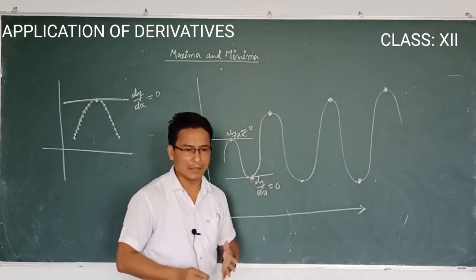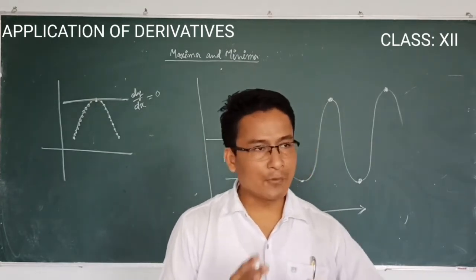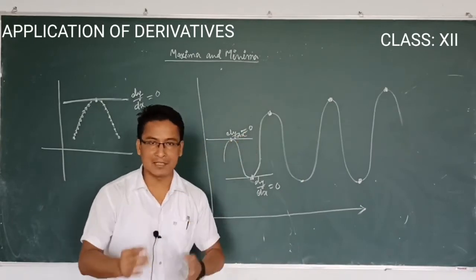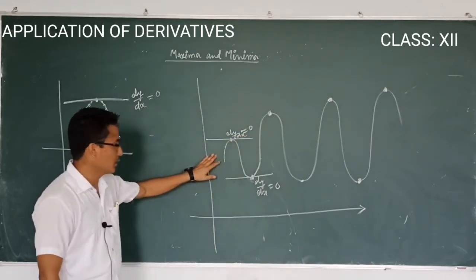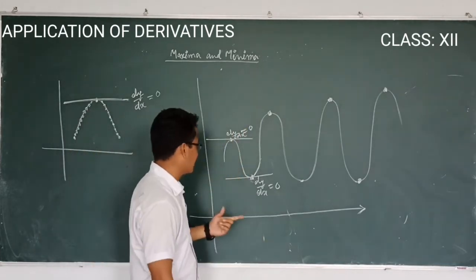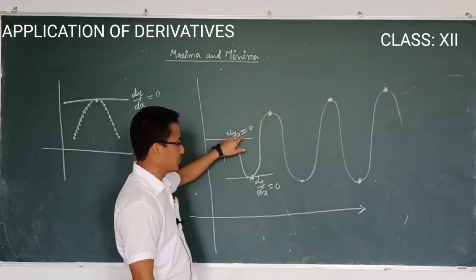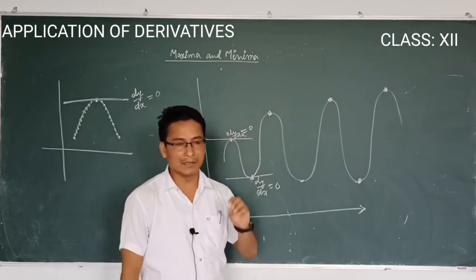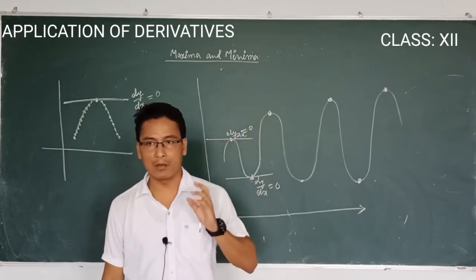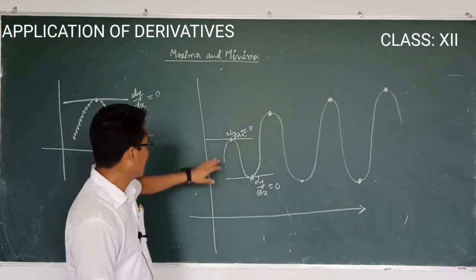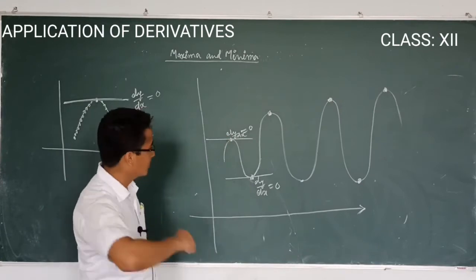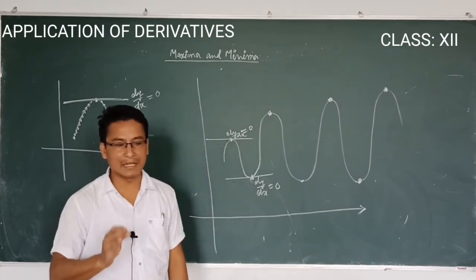Similarly, if I draw a curve here, I will get dy by dx equal to 0 here also. Then how do we understand whether it's maxima or minima? For that we have to do the second order derivative. If we get dy by dx equal to 0, we can't say that the point is maxima or minima.